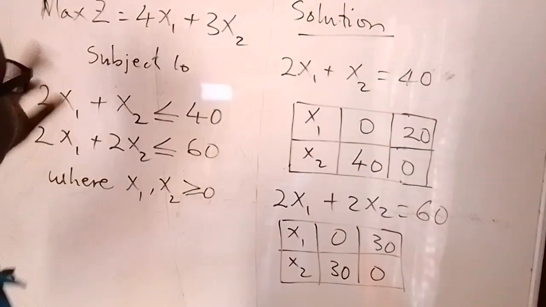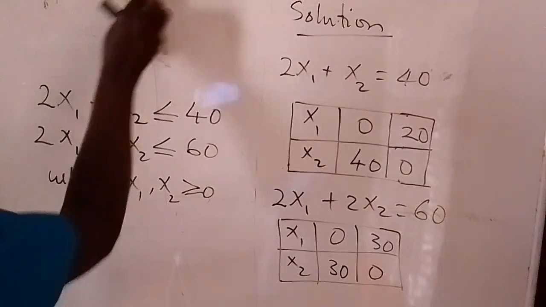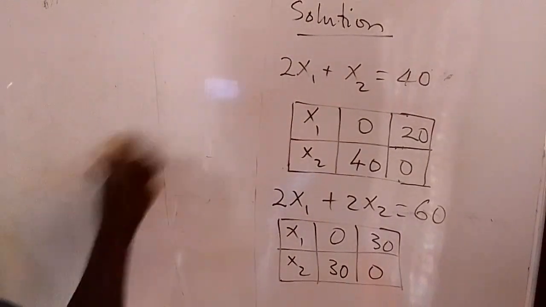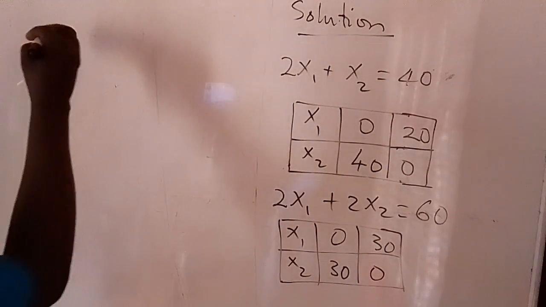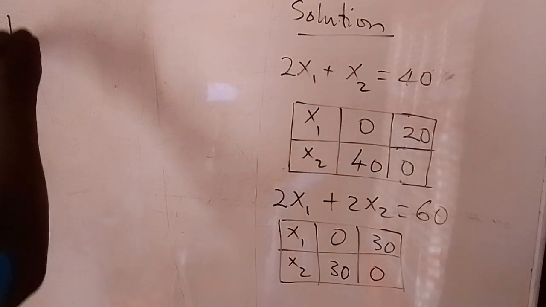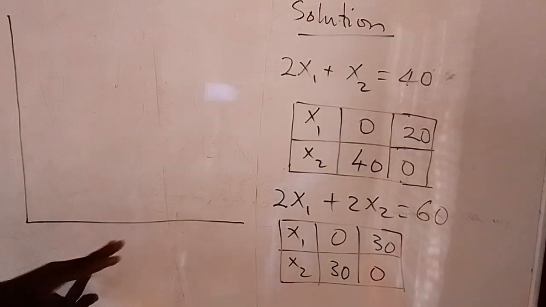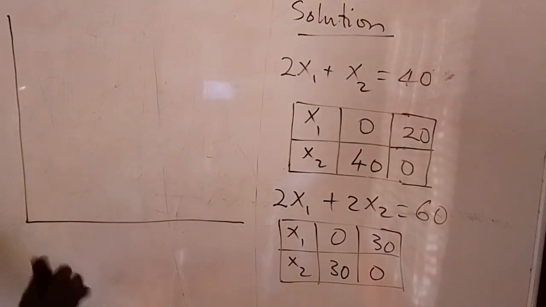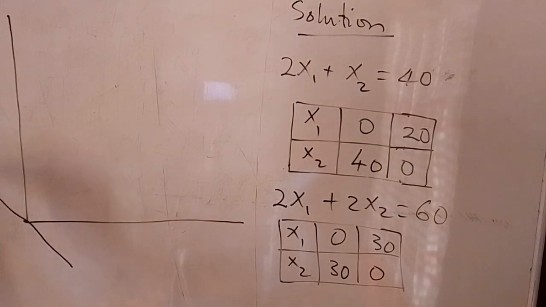So let us draw a graph here now. We are not drawing it to scale actually, because the measurement will be longer. This is the 0 point where z is 0.